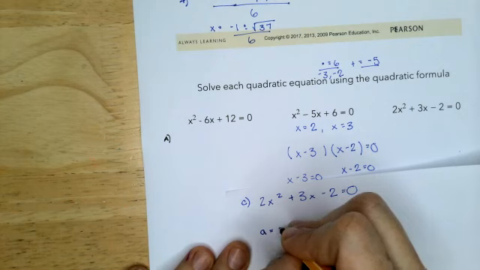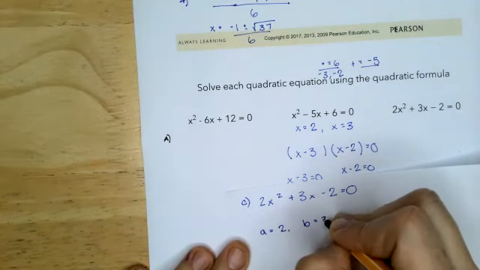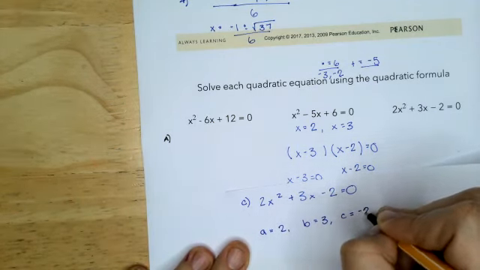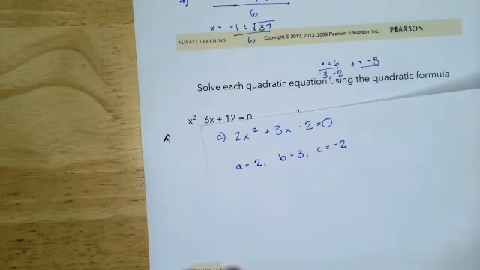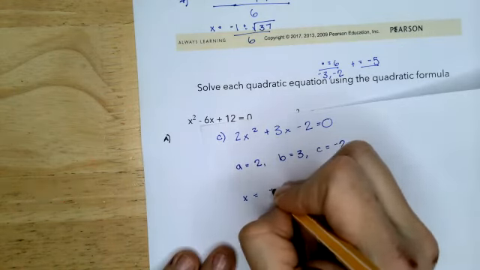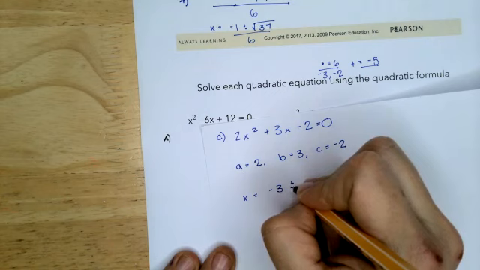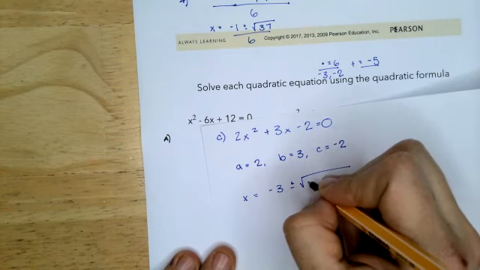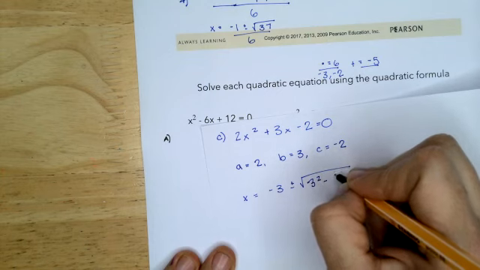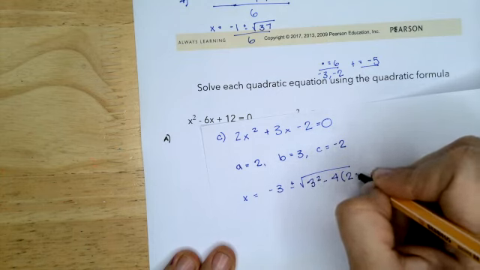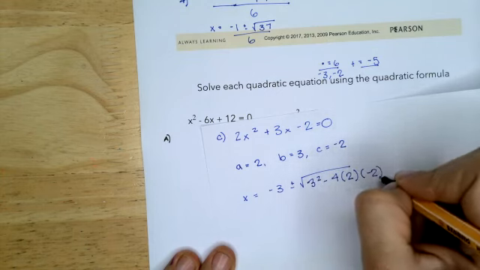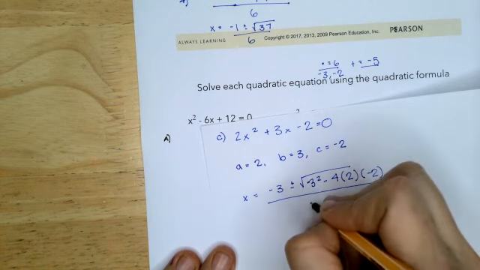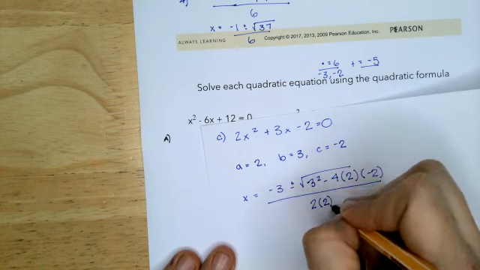So A is 2, B is 3, and C is -2. Good. X is -3 plus or minus the square root of +3 squared minus 4 times 2 times -2 divided by 2 times 2.